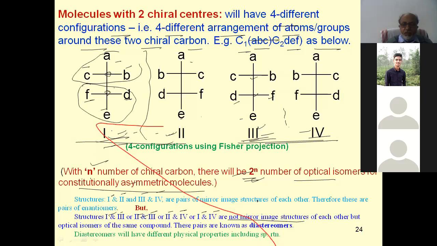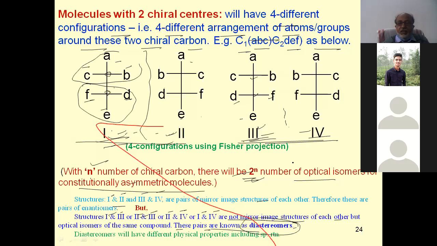What is their name? These pairs are called diastereomers. Diastereomers are optical isomers of the same compound which are not mirror image structures.